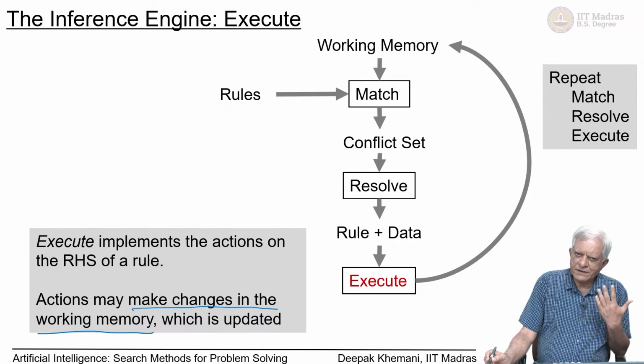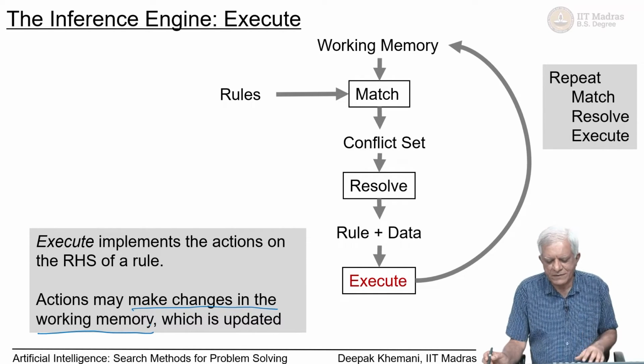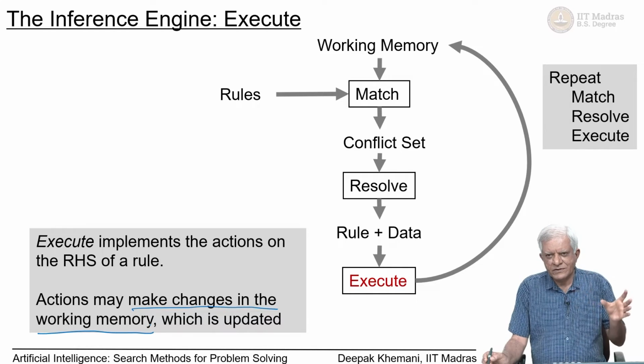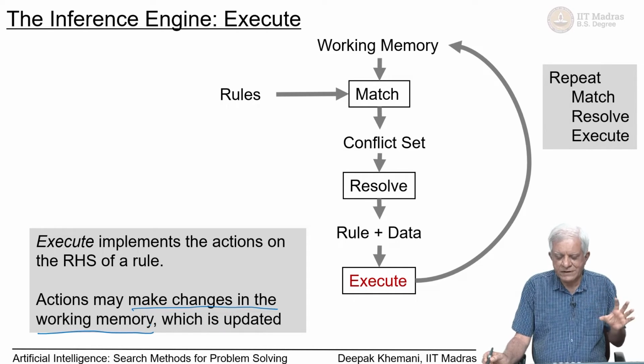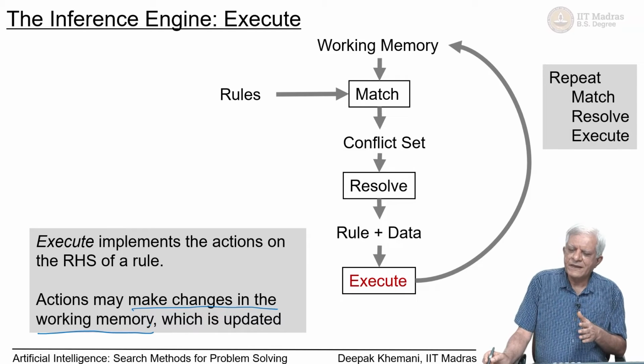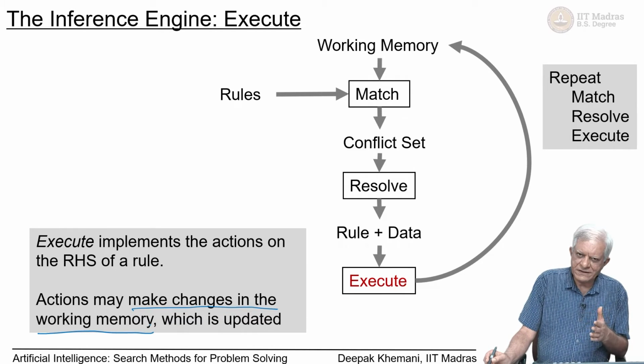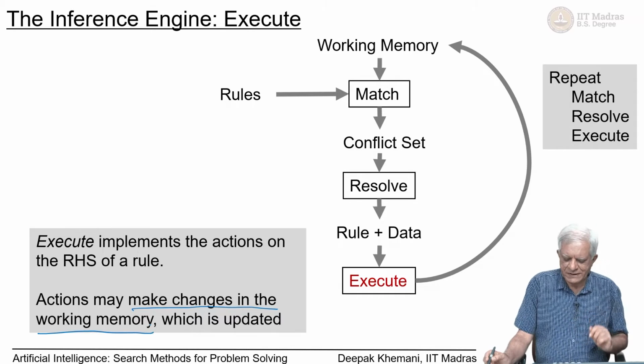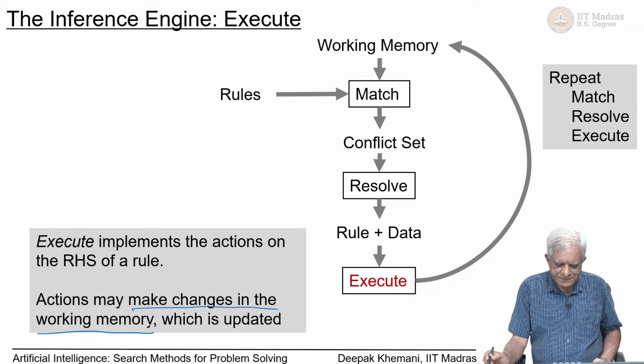If you are adopting the brute force approach, then again you will take all these working memory elements, let us say there are 10,005, you have added 5 new elements, and those 500 patterns in those 100 rules you have to do all over again. Of course, one of the things we will see is an efficient implementation in which this brute force work is not to be done, but we will come to that later.